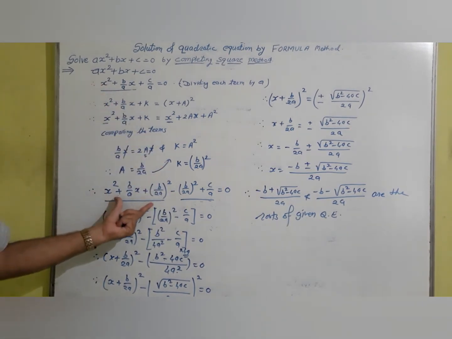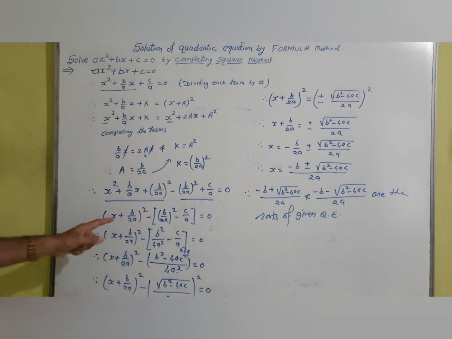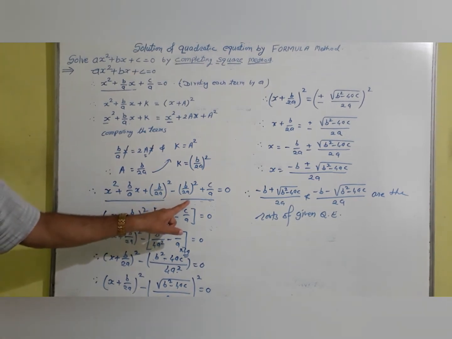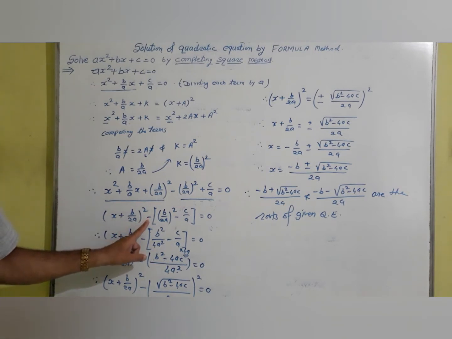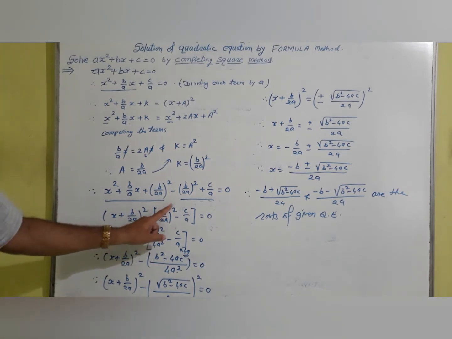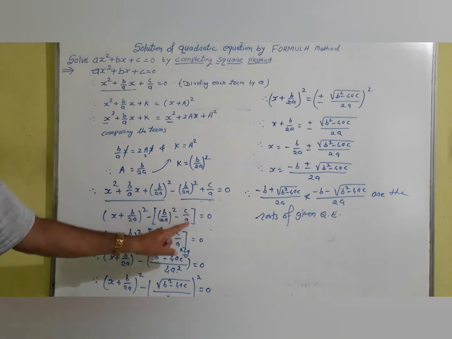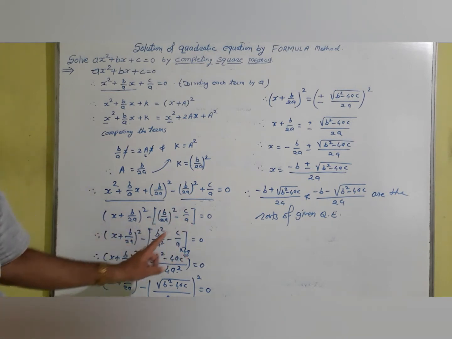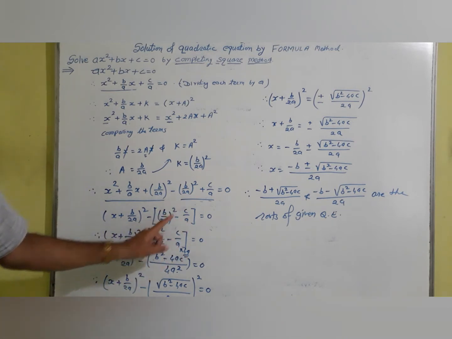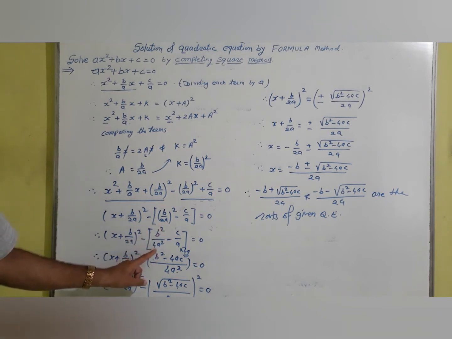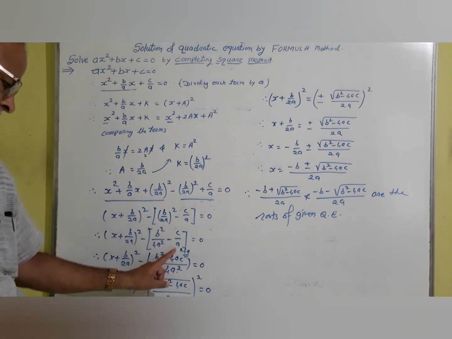And now these three terms become the perfect square of x plus b upon 2a whole square, and from the second group minus sign is taken as common in bracket b upon 2a whole square minus c upon a. Now simplify this second bracket. b upon 2a whole square means b square upon 4a square minus c upon a.